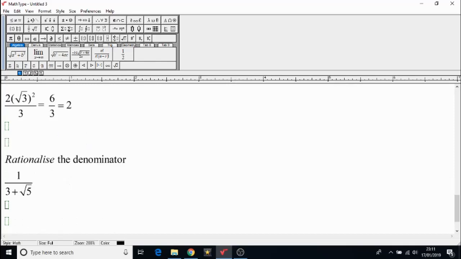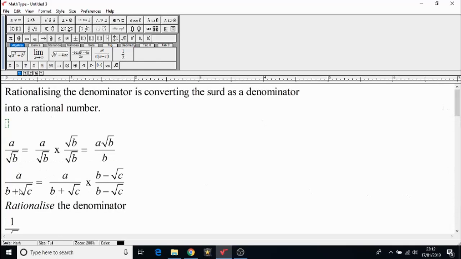And the final question, rationalize the denominator 1 over 3 plus the root of 5. So here we're going to apply our second rule, as I explained at the beginning of the video. We're going to apply this rule here.